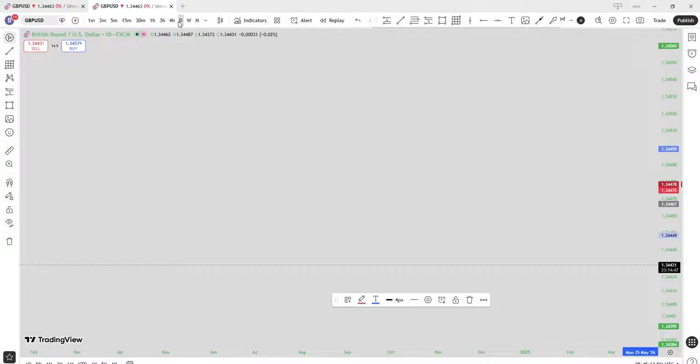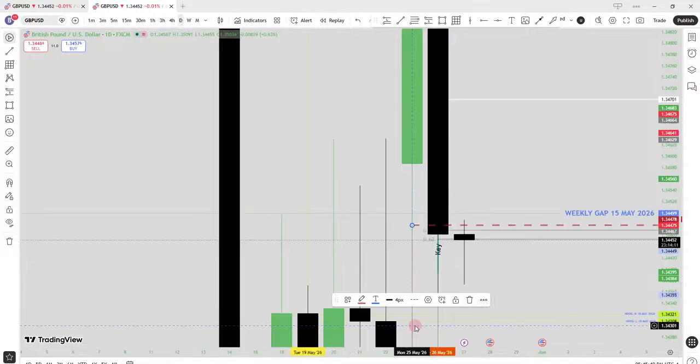The particular candle that was my target is here. Here is Monday. That is where I mark it out. This is the particular candle. That was my target. Move back to 1 minute time frame.